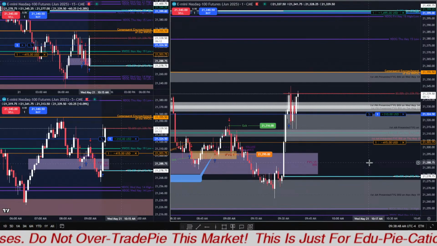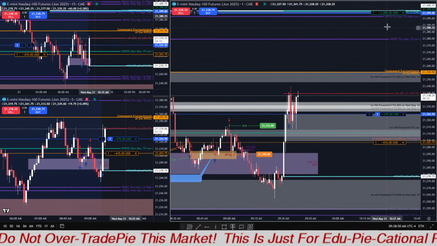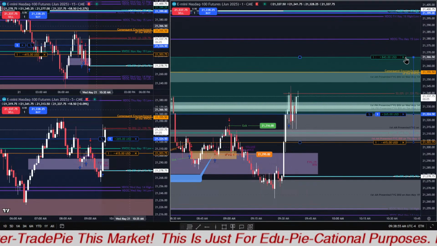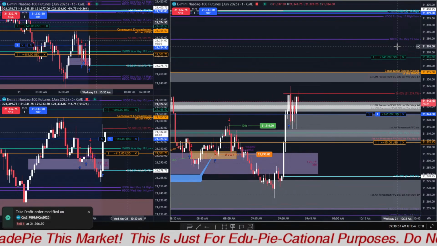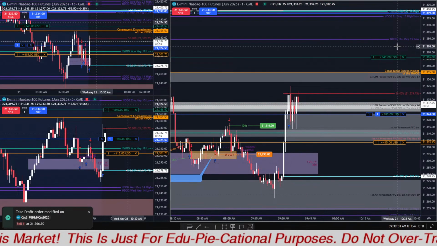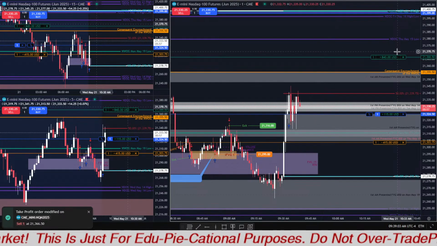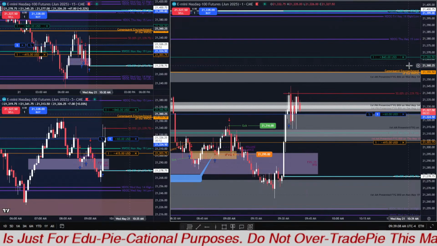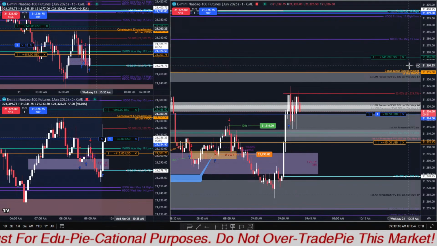We traded into the midpoint of the opening range gap again. I'm trailing down my target over here to keep it just above the consequent encouragement, as the strategy is always saying.